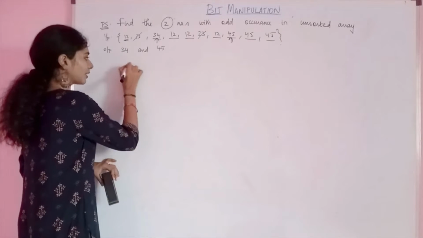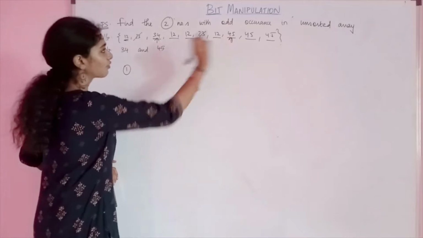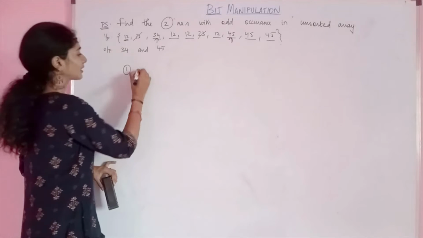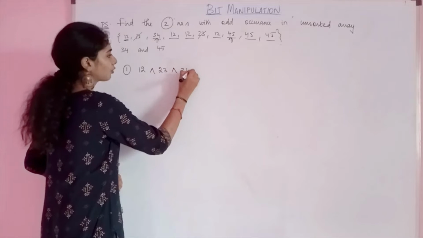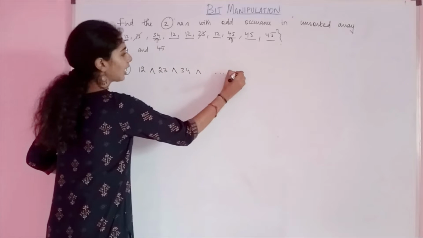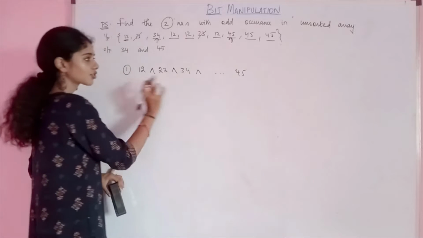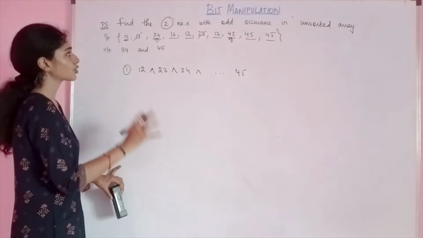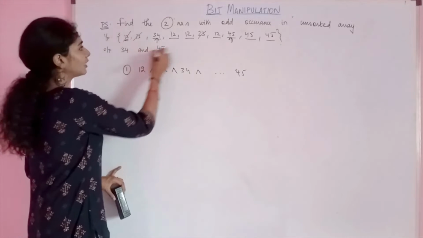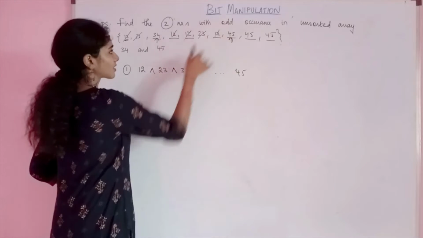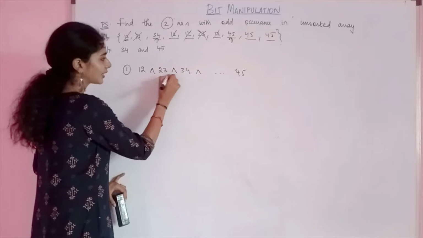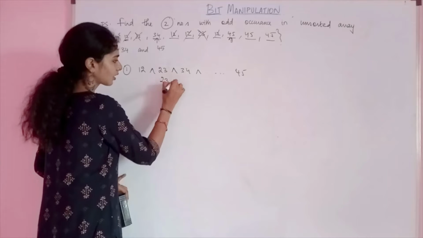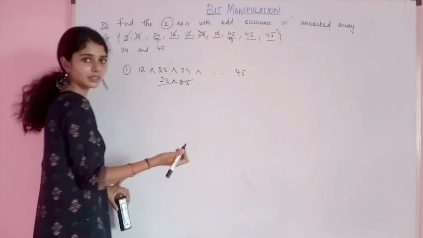Initially, we will XOR every element in the array, that is 12 XOR 23 XOR 34 and so on until the end of the array. So typically what will happen? 12 gets cancelled with the other 12, and similarly 23 gets cancelled off, because 23 XOR 23 is 0.